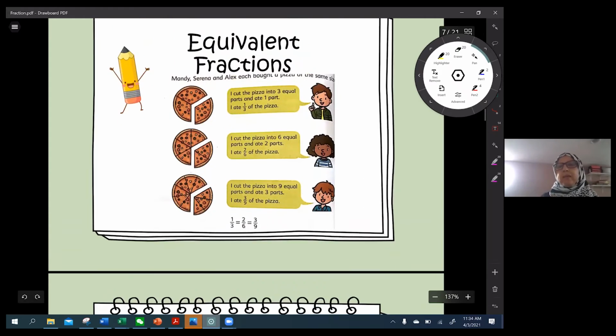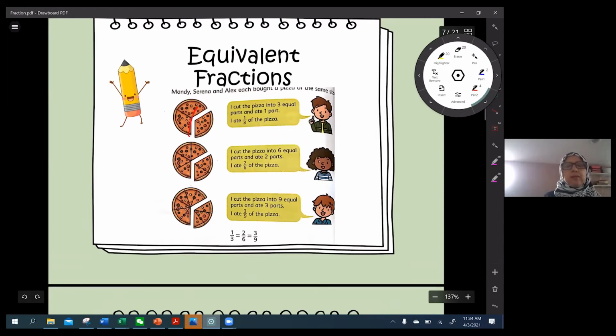And the girl actually took 1/3 as well, but she cut the pizza into more slices. She took 2 out of 6, 2/6, but they actually ate the same amount of pizza, because she cut it into smaller slices.